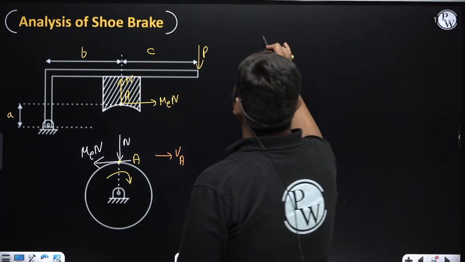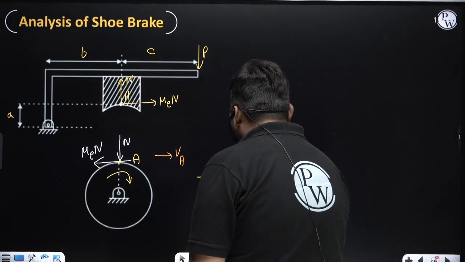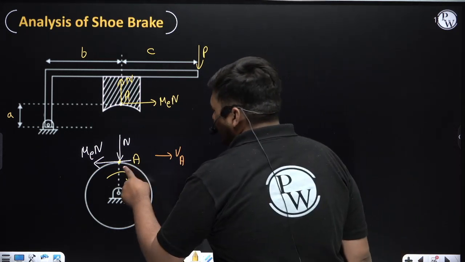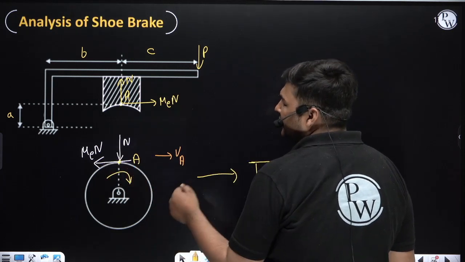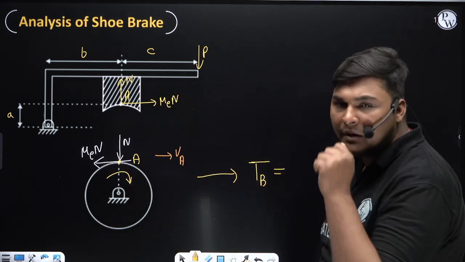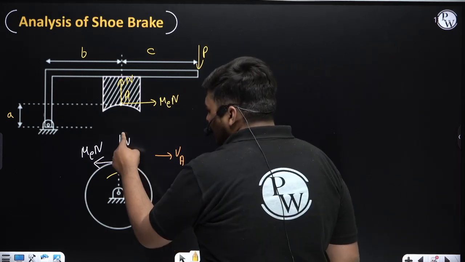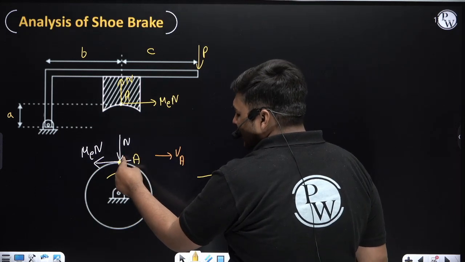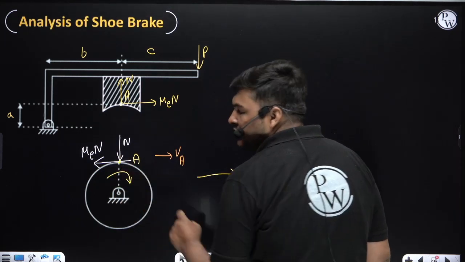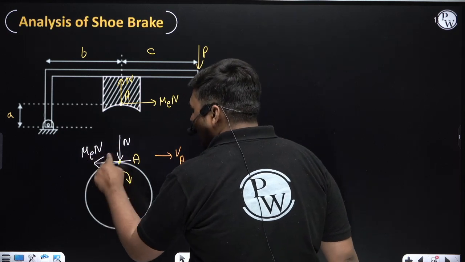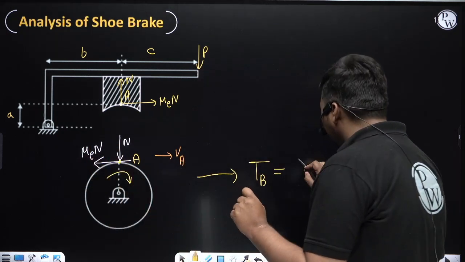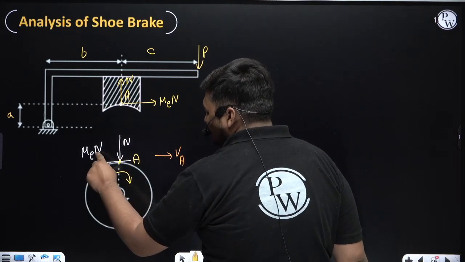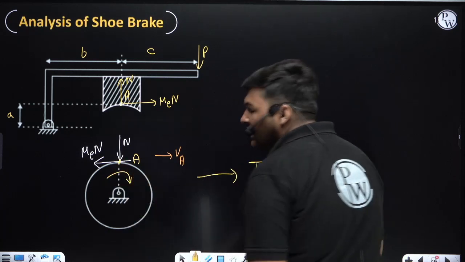Now from the FBD of the drum, if we calculate the braking torque, what will be the formula? The braking torque is coming due to friction. It is force into perpendicular distance. Here you can see the perpendicular distance of this N from this hinge point is 0, because the line of action of N passes through this point O. So braking torque will only come due to this friction force, and it will be mu equivalent into N, that is the friction force, into the perpendicular distance of this friction force from this point, which is equal to the radius of the drum.